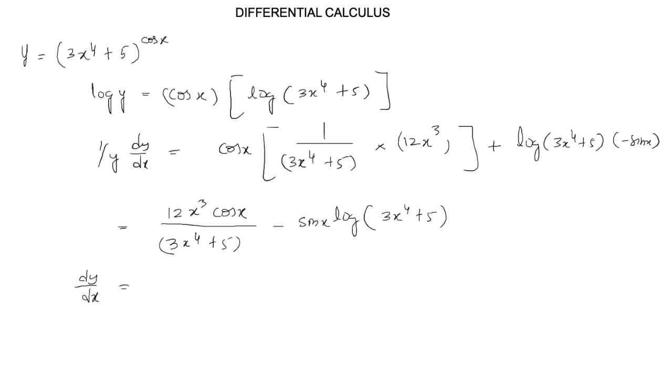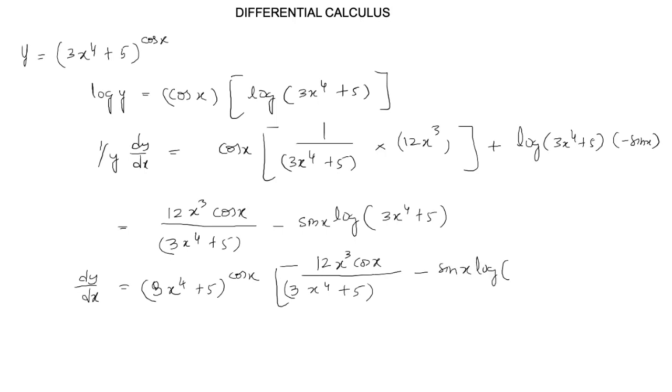You're supposed to put it back, that is 3x to the power 4 plus 5 to the power of cos x, and 12x cube cos x divided by 3x power 4 plus 5 minus sin x log of 3x power 4 plus 5, plus the brackets.